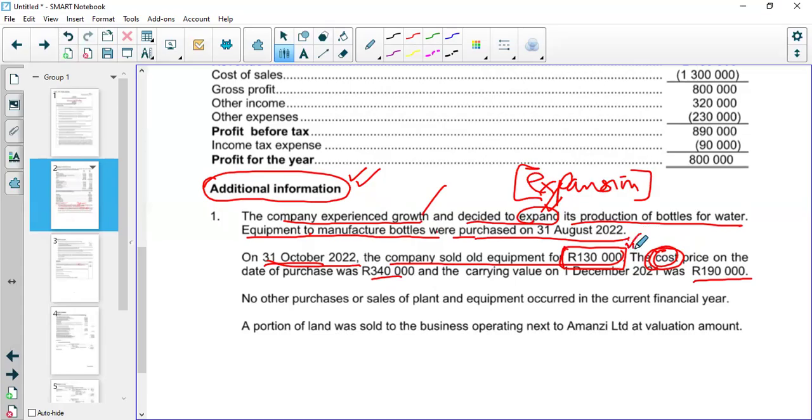So we're going to record the cash received, but remember in the annual financial statements, there will be a profit or loss on this sale. And if we were using the indirect method, we're going to reverse that profit or loss.